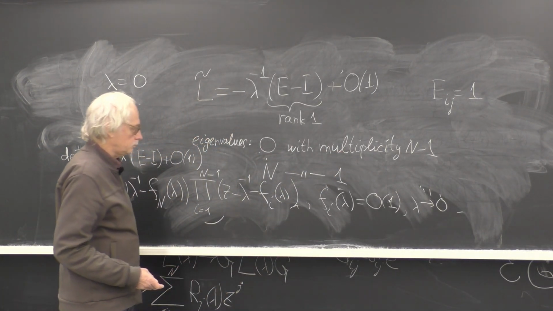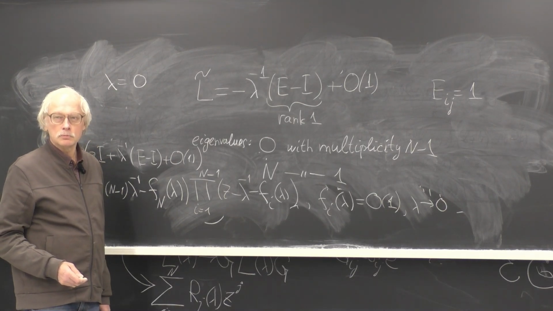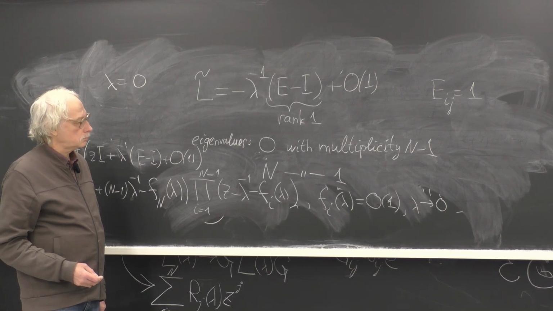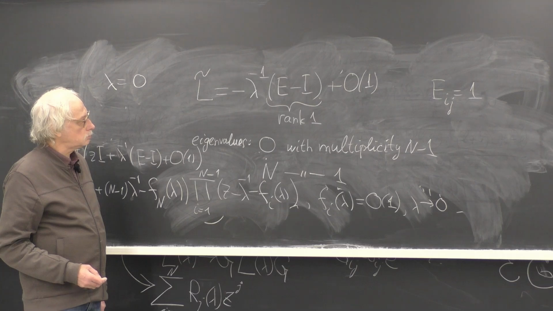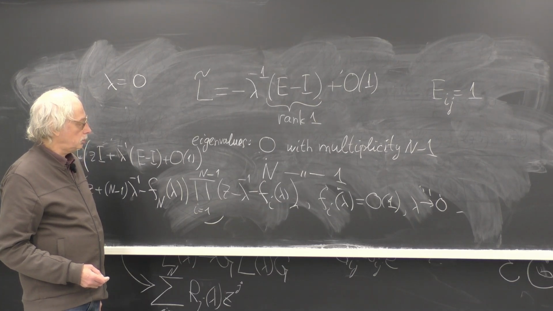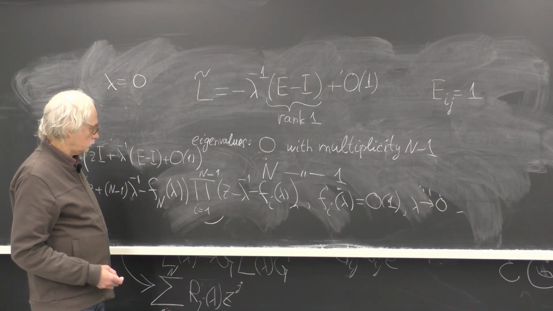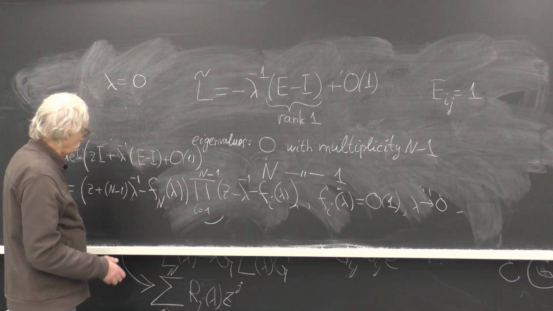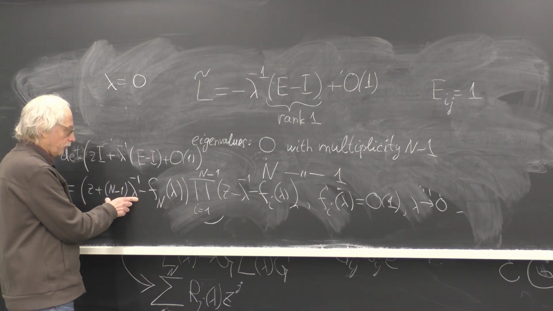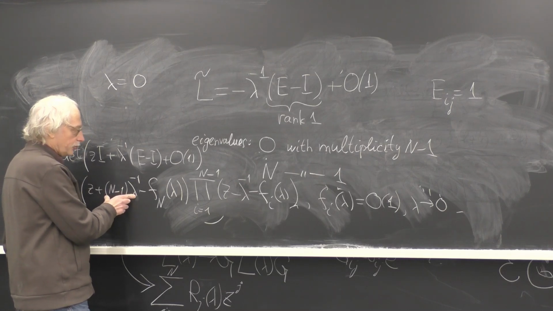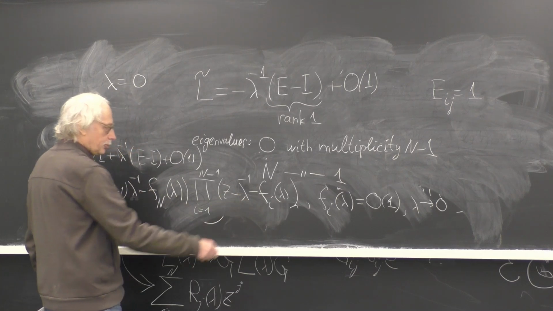Since the trace is invariant, we should have that the trace is equal to 0. The trace of E minus I with this matrix is 0, but when we have zeros and n on the diagonal, if you take a sum of this and all this, you get 0.